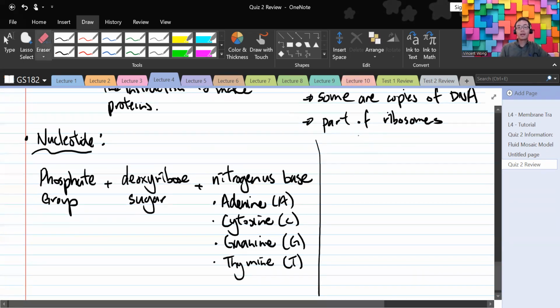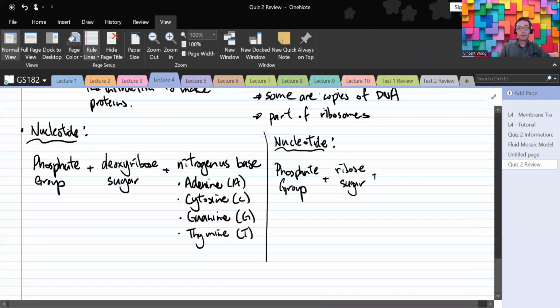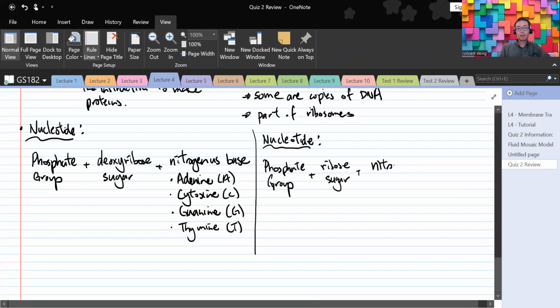For the RNA, the building block is also a nucleotide. So you also have the phosphate group. Instead of a deoxyribose, you will have the ribose sugar, not missing an oxygen, plus the nitrogenous base.